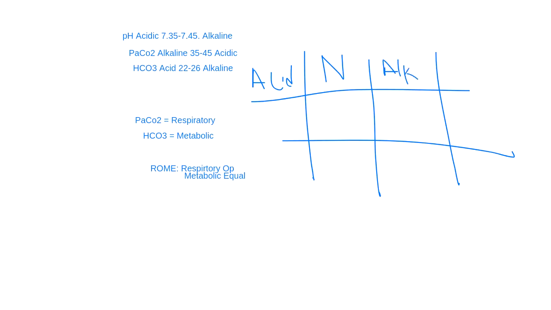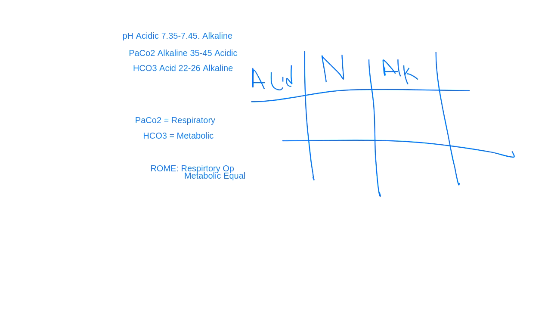And then when you get your problem, when you get your numbers in any one of these equations, it's going to give you your PaCO2, it's going to give you your pH, and it's going to give you your HCO3. So what you're going to do is this is your basic side, and this is your acid side, okay? So let's just say you got a 7.53 for your pH, right?